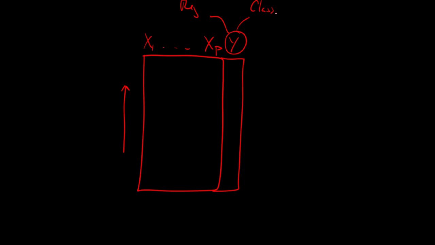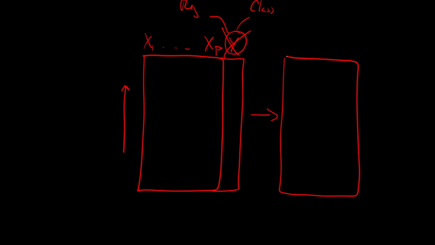And if we don't have this notion of dependent variable, no notion of the y, then we just have this x1 to xp. And what we want to find is some other variables that are latent in the sense that we don't observe them, but we hypothesize that they are. And then we have z1 to zq.